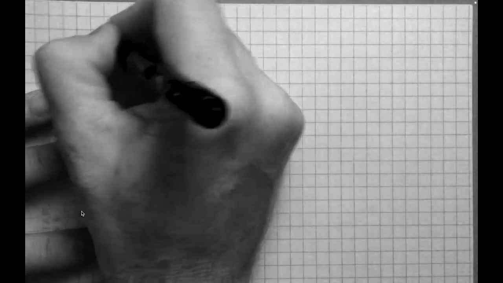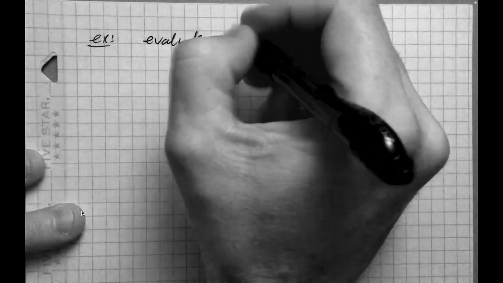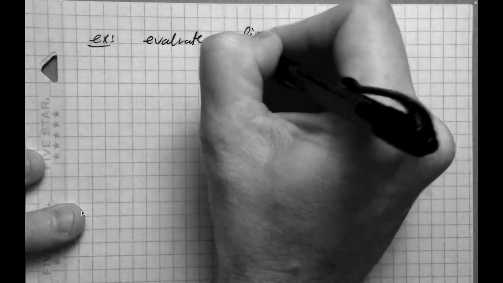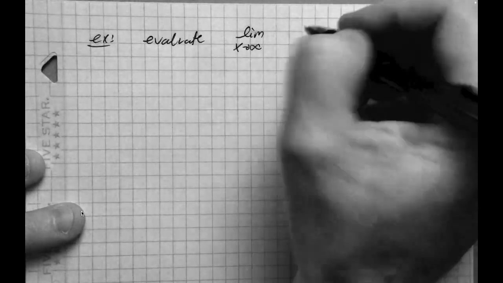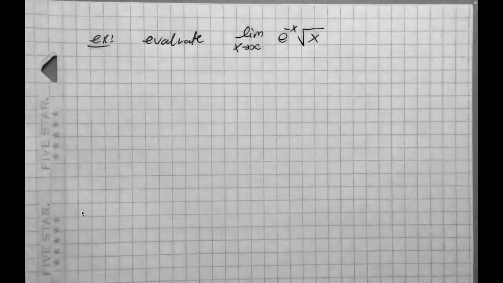I think this is powerful in the straightforward examples, but this can be really powerful when you combine it with a lot of tricky algebra. So what about this example, where we want to evaluate the limit as x goes to infinity of e to the negative x times the square root of x.